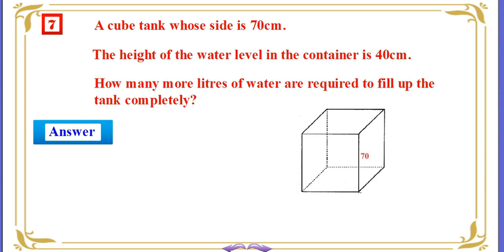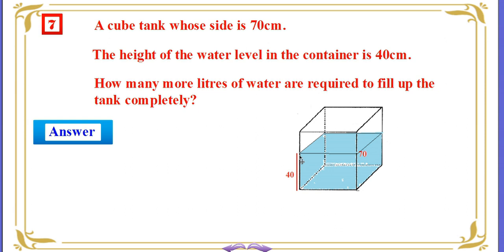In this exercise you have to remember a cube has the same size: the length, the width and the height are the same, 70 centimeters. Now the water is at 40 centimeters and they need water to fill up the tank. So you have to find the volume of the water needed, and this is not the cube, it is the other part.